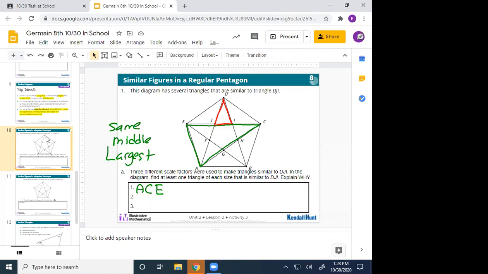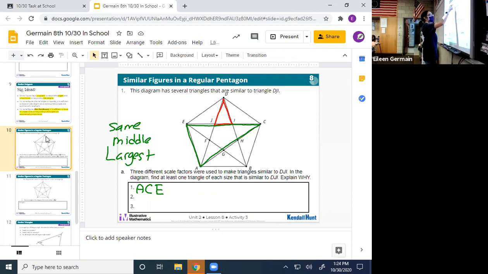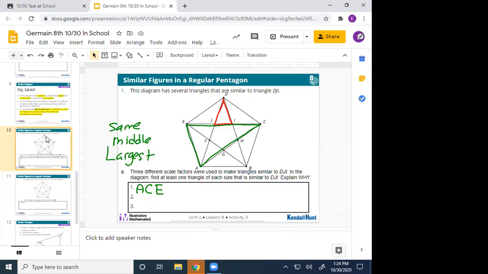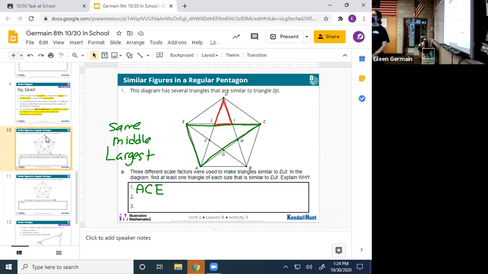You said DJI? Yep, it's the red one that I colored in. And remember, similar means they could be bigger, but they just have to have the same angles and proportional side lengths. I got the largest one here.